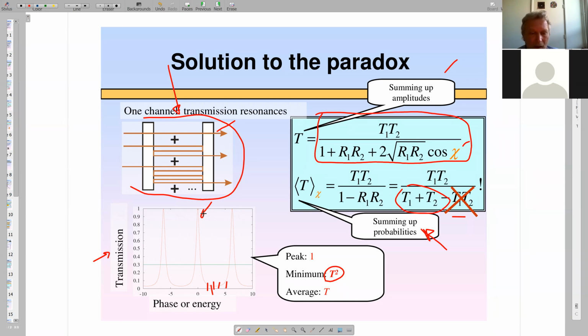Okay, so the transmission at the peak is 1, so on average, if one averages this and this, one gets something which is proportional to the transmission. This green line, which I made red, gives you the average transmission.